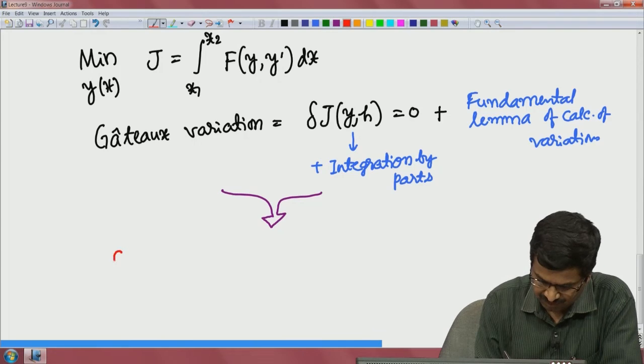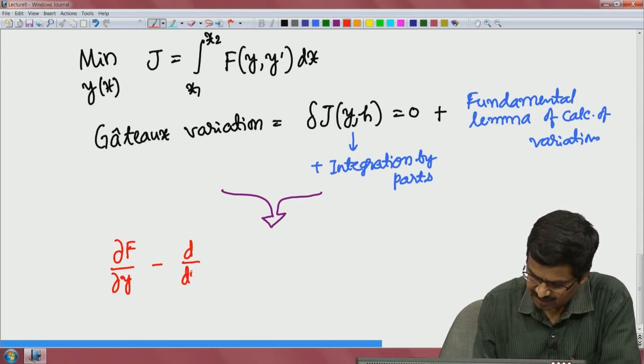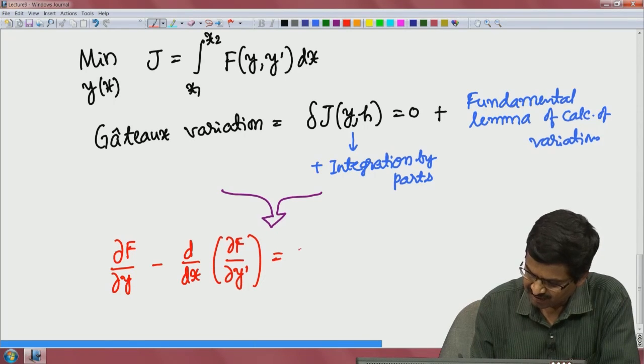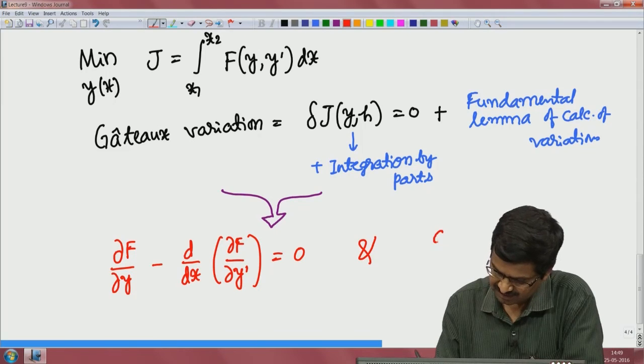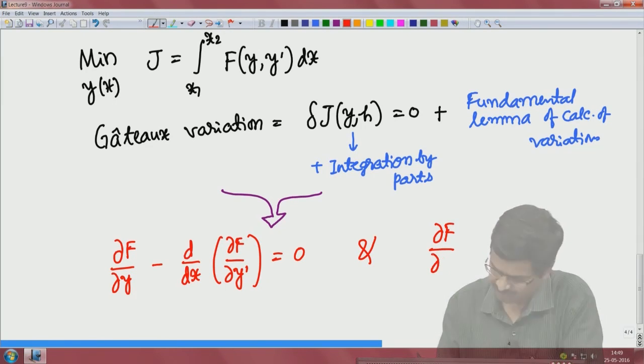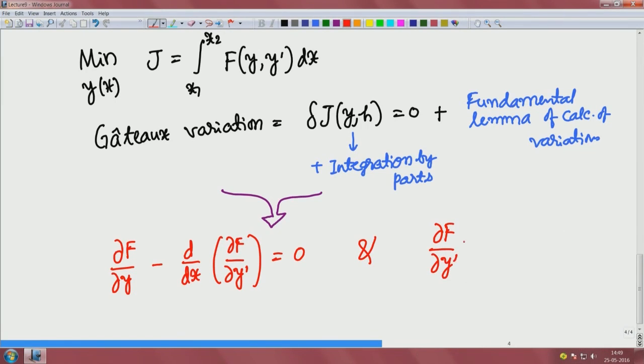what we call the differential equation, which is dou f by dou y minus d by dx of dou f by dou y prime equal to 0 in the interior, and the boundary condition dou f by dou y prime into this h, between x1 and x2, equal to 0.